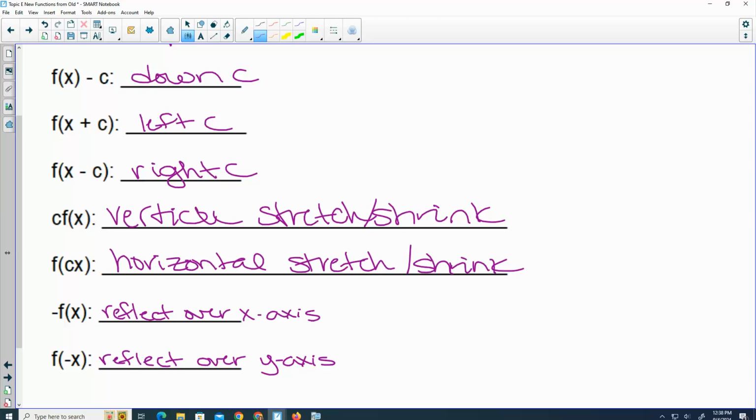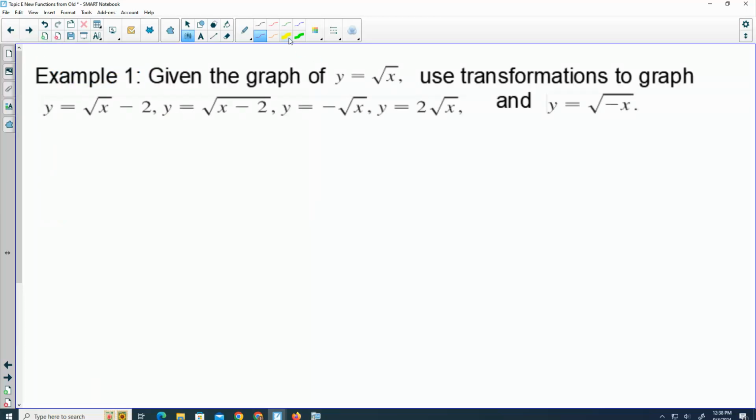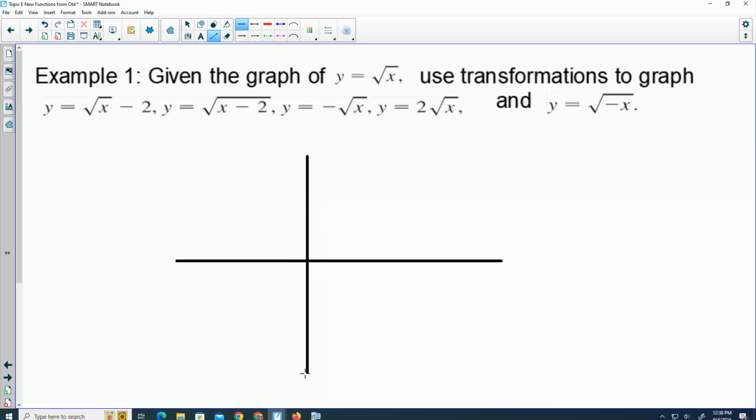Okay. So let's draw some functions and test our knowledge of transformations here. So I am going to start with what I always make you draw first: your parent function. So our parent this time is the square root of x.